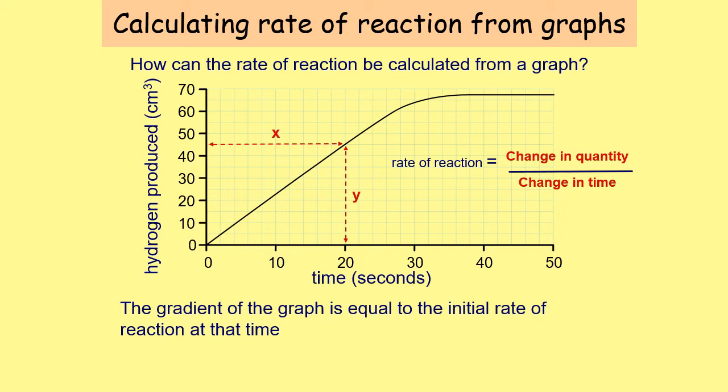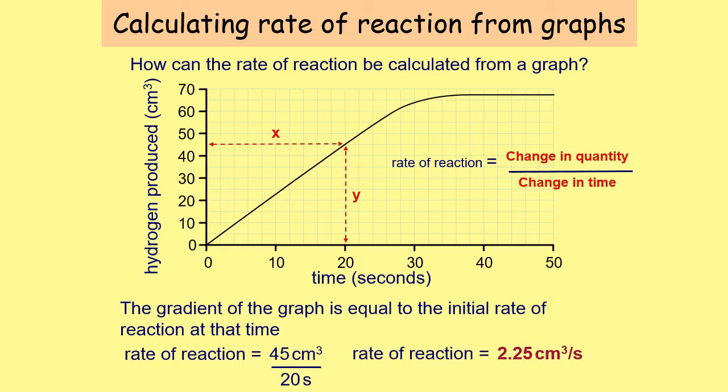So our change in quantity is going to be 45 because we started with nothing, we now have 45, so the quantity has changed by 45. So the rate of reaction is 45 divided by 20, which is 2.25 centimeters cubed per second.